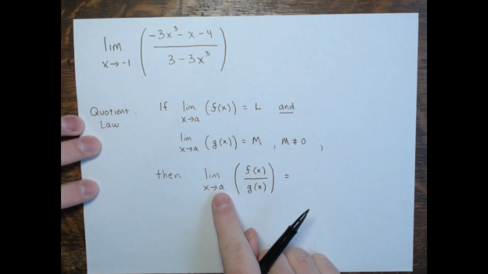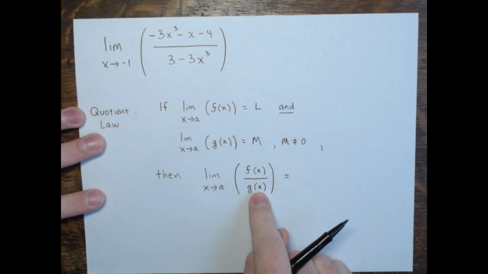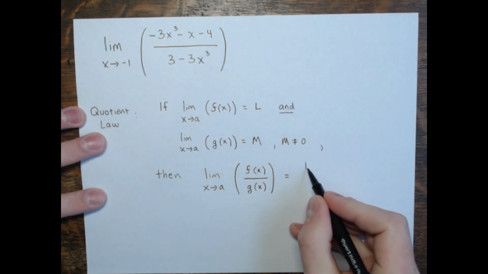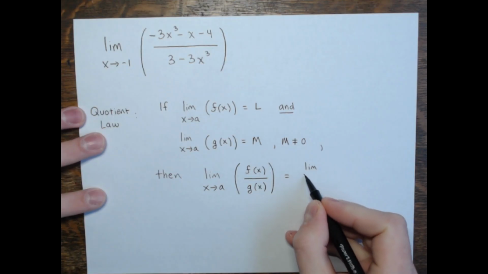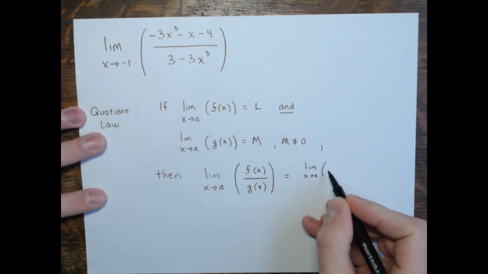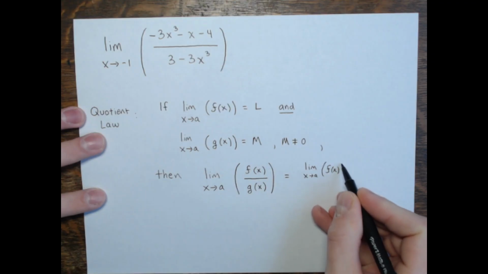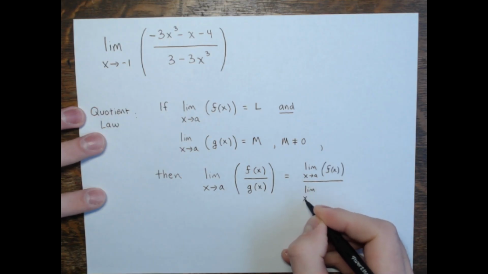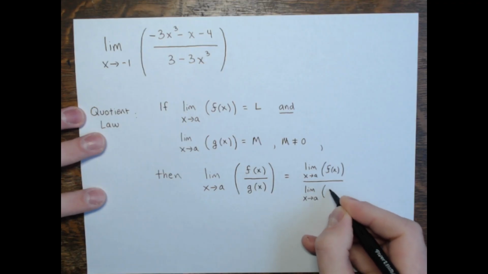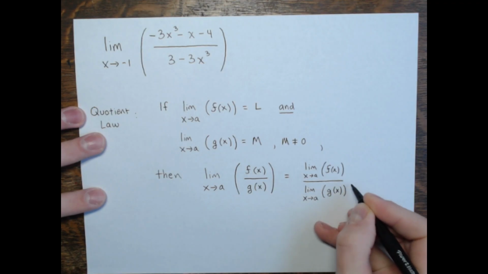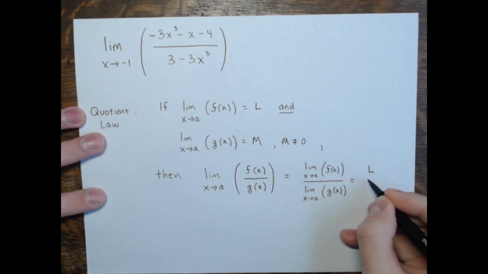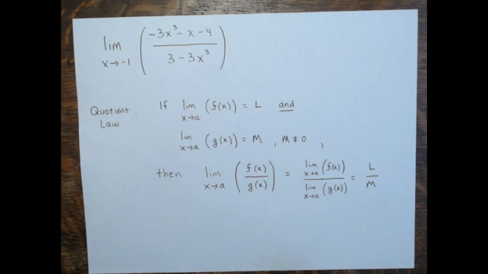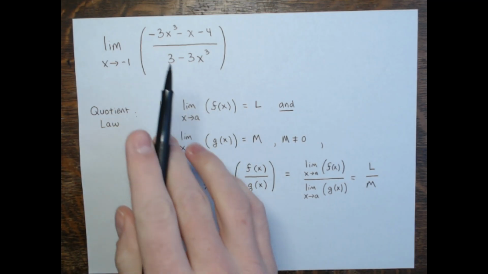So as x approaches a, this denominator expression is approaching some value that's not 0, well, then you can just say it's the limit as x approaches a of the numerator, split it up, divided by the limit as x approaches a of the denominator, and get L divided by m, whatever this value is. So that's one of the laws that I'll be applying here.